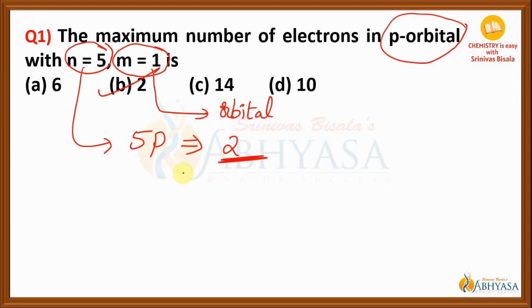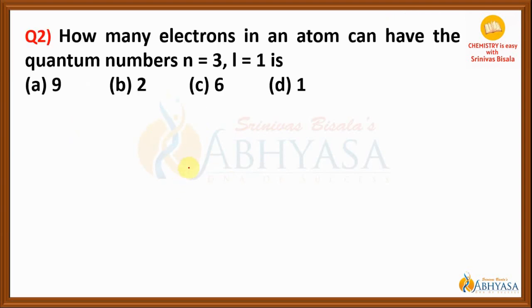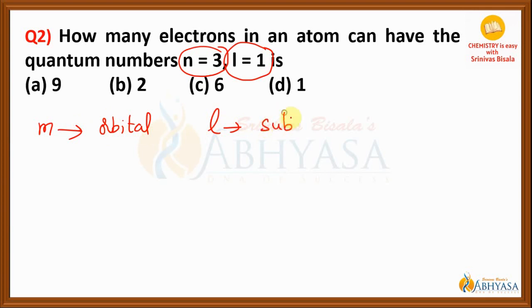Let's move to the next one. How many electrons in an atom can have the quantum numbers n equal to 3 and l equal to 1? Remember, when m is specified, they are talking about the orbital, and when l is specified, they are talking about the sublevel.